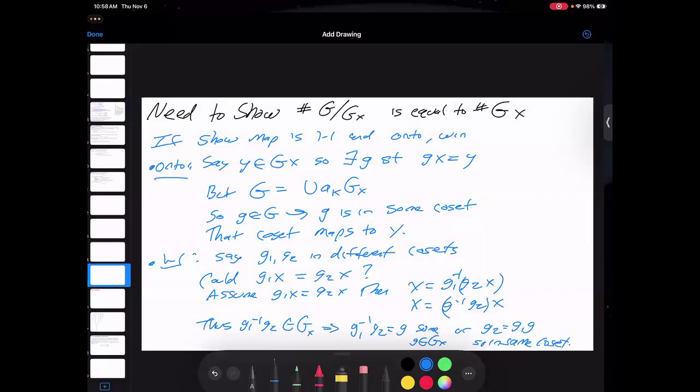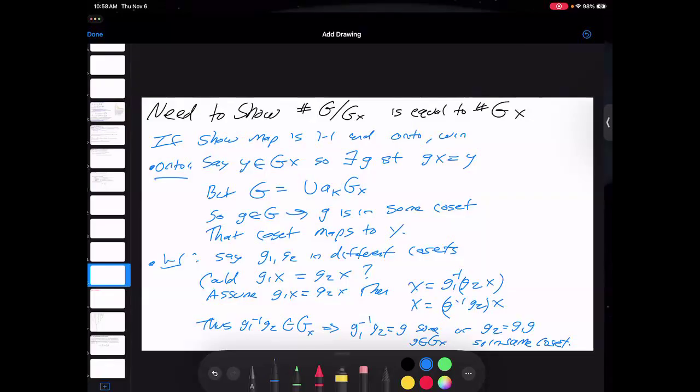If we just unwind what happened, once we know G1 inverse G2 is in the stabilizer, then we know it has to equal some element in the stabilizer. Let's call that G. And then that means G2 is going to be G1G. So they're in the same coset. I can write them as just they differ by multiplication on the right by something in the stabilizer.